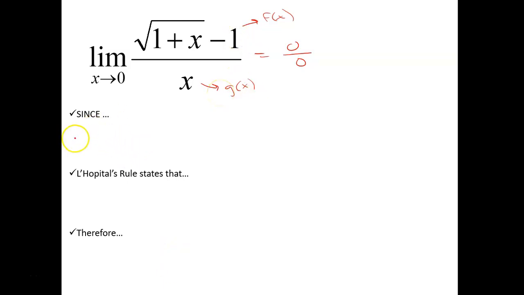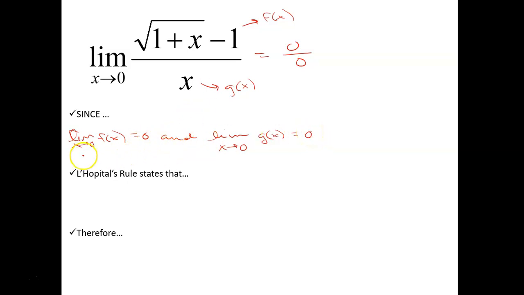So I'm going to say that since the limit as x approaches 0 of f of x is equal to 0, and the limit as x approaches 0 of g of x is equal to 0.